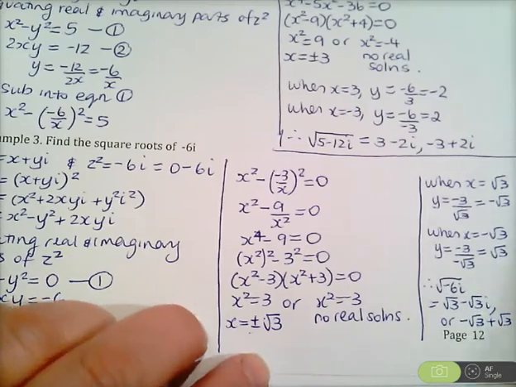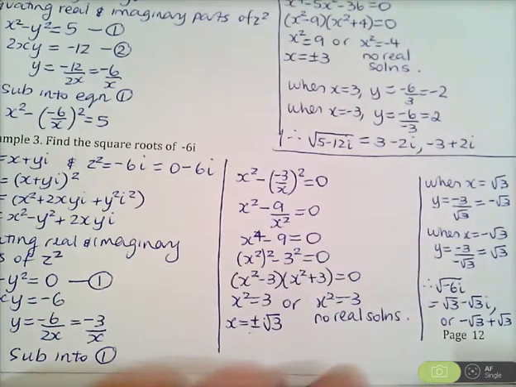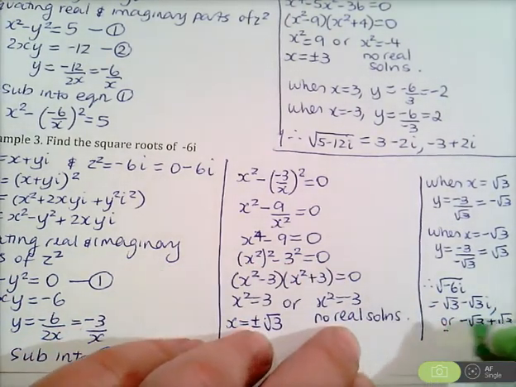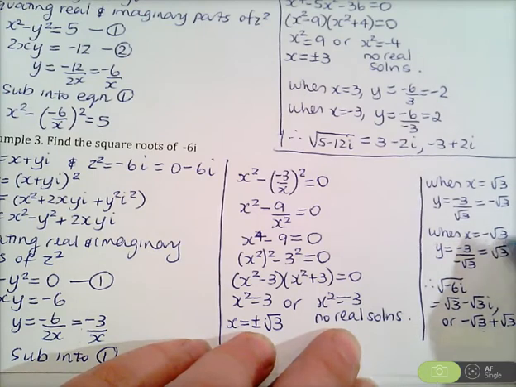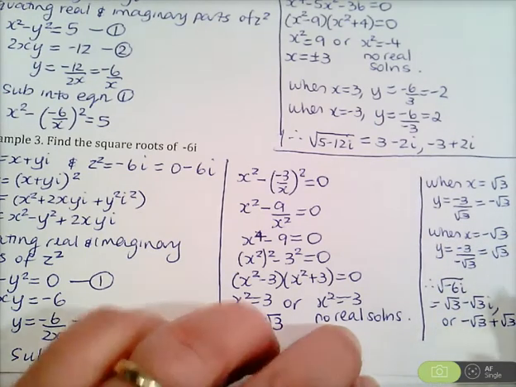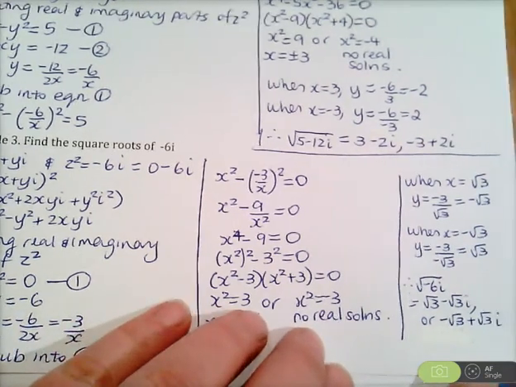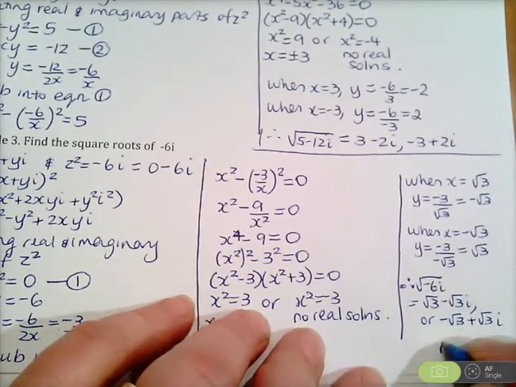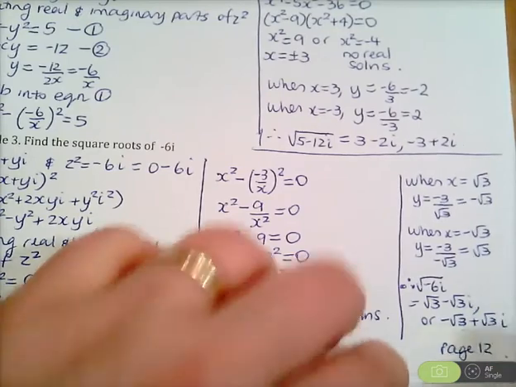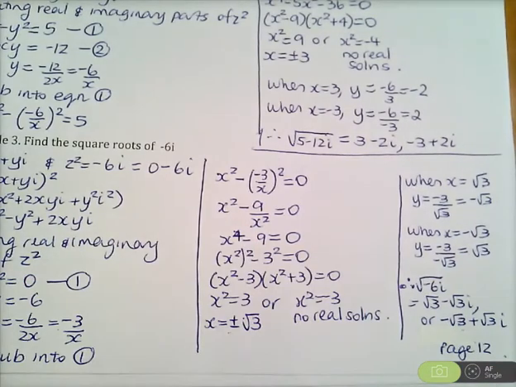Okay, so we're just substituting in the x plus yi values that we get up here. Sorry, that's just a bit off the screen. So that's the end of page 12. Okay, we'll go to page 13.